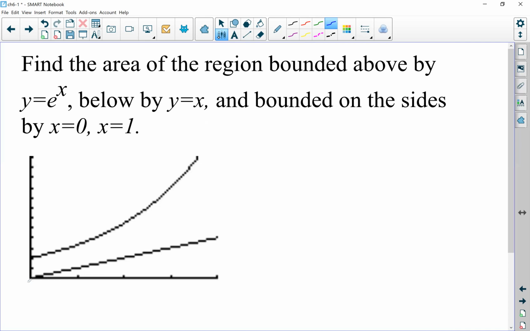All right, so x equals 0 would be our a, x equals 1 would be our b.